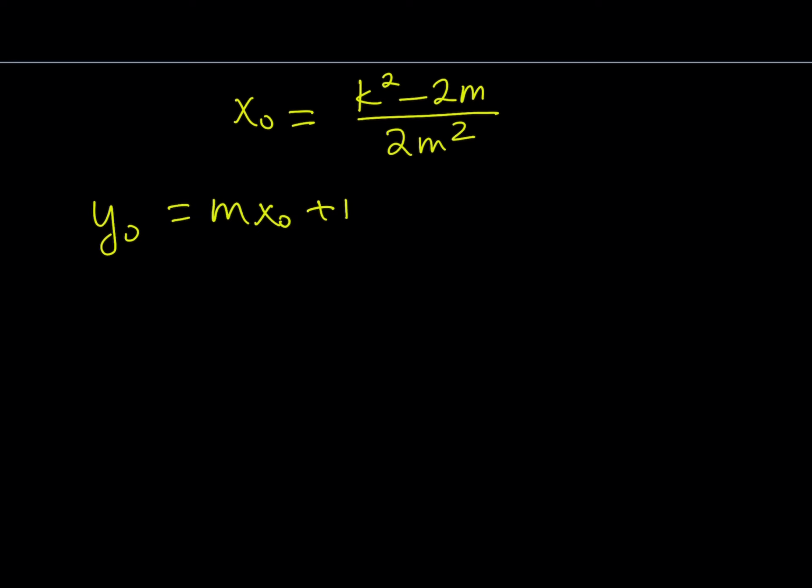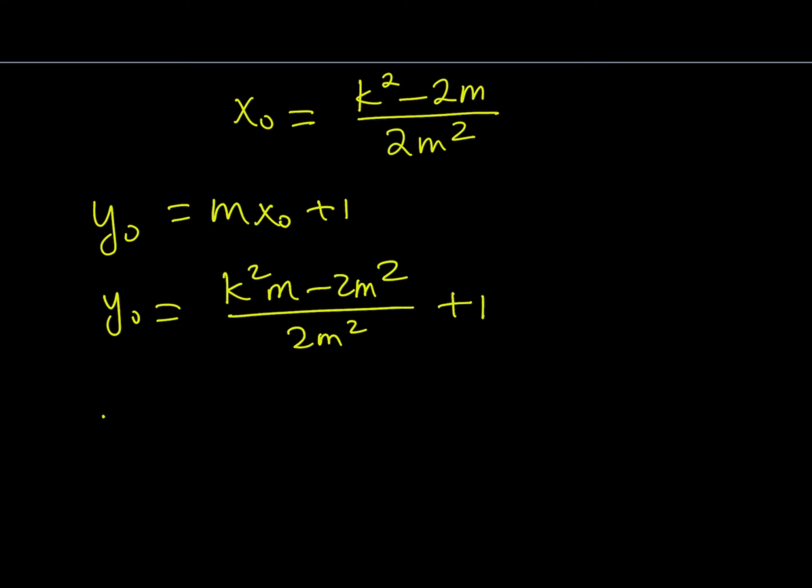What you can do is you can just go ahead and multiply x0 by m, which is going to give you k squared m minus 2m squared divided by 2m squared. And then you can just add 1 to it and then make a common denominator. And you're going to be getting something like k squared m minus 2m squared plus 2m squared over 2m squared, which is going to cancel out, obviously.